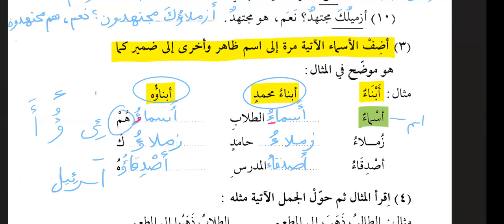Hum means they. Ka is for you, for a male. And it's ki for a woman. Hu is him. And then for her would be ha, as we've done before.